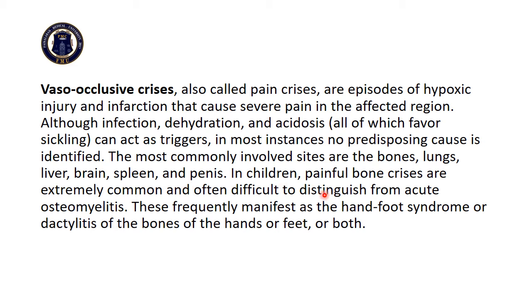In children the painful bone crises are extremely common and they are often difficult to distinguish from acute osteomyelitis. They most frequently manifest as a hand-foot syndrome or dactylitis of the bones of the hand or feet or both.